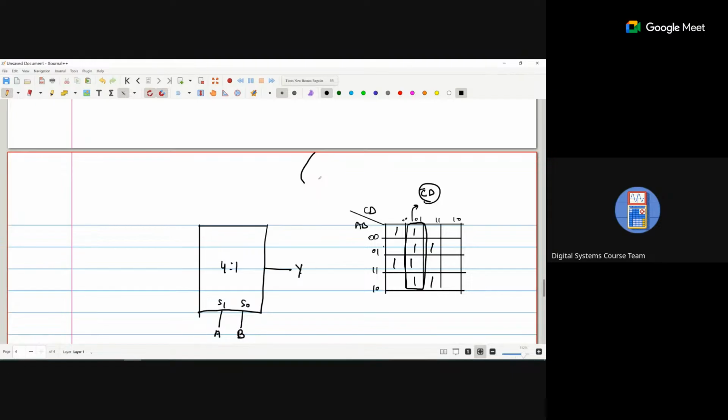If you write the equation for this K map, what is the equation?